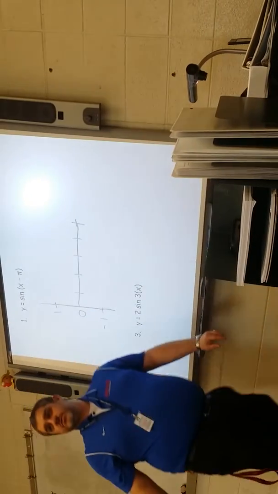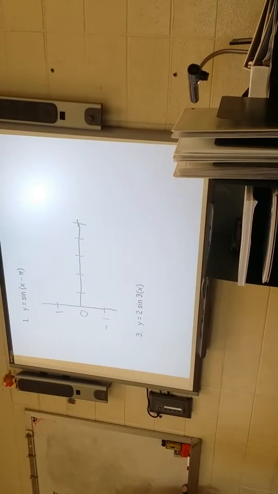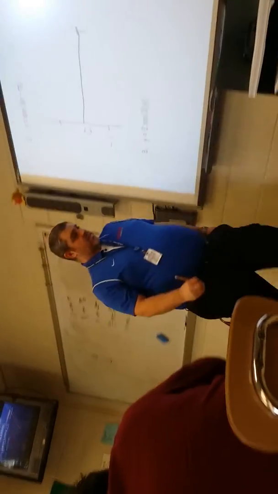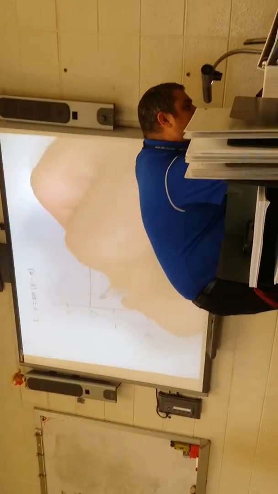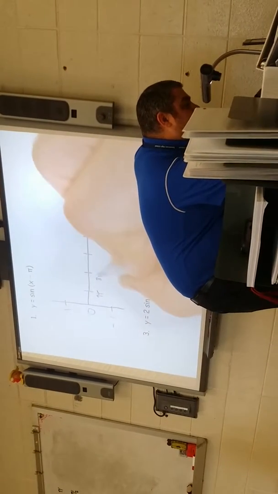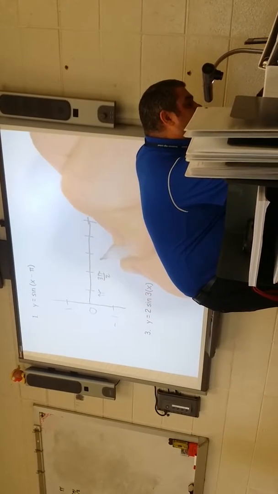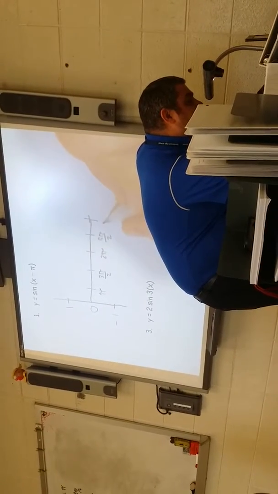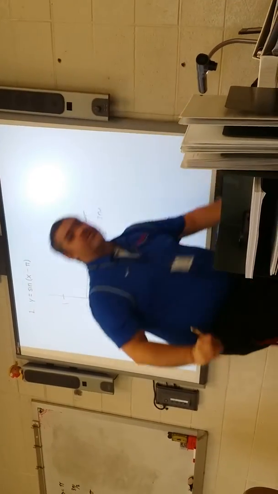What's the fifth one? So the first one was pi. So my first positive x value would be pi, and then 3 pi over 2, and then 2 pi, and then 5 pi over 2, and then 3 pi.